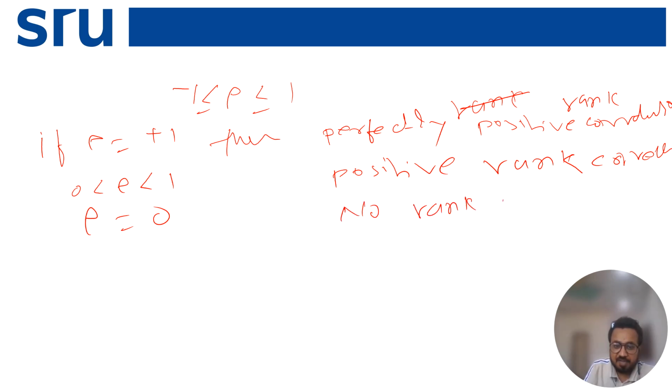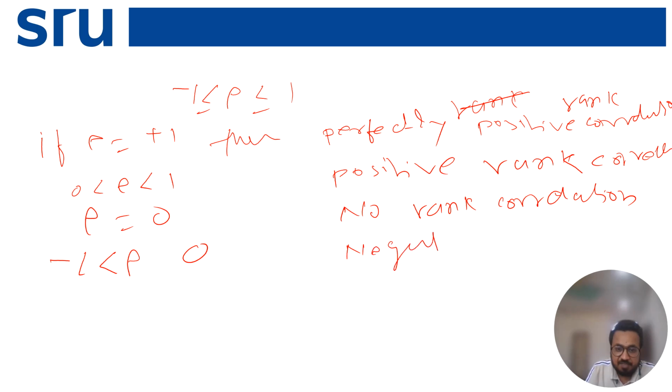If rho lies between minus 1 and 0, then the two variables are negatively correlated, that is, negative rank correlation.